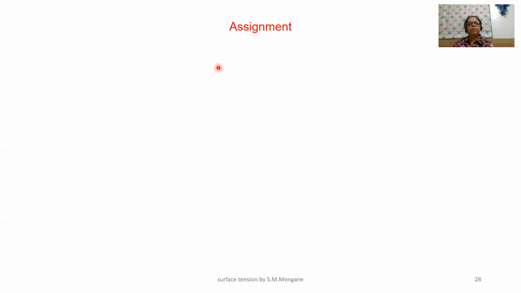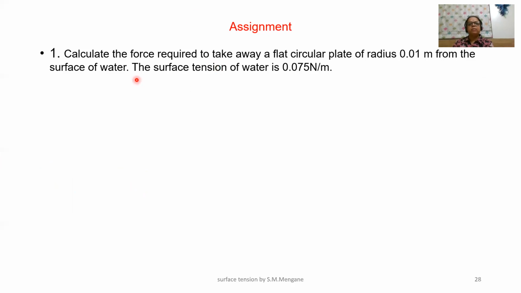Assignments on this topic are: Calculate the force required to take away a flat circular plate of radius 0.01 meter from the surface of water. The surface tension of water is 0.075 Newton per meter. Determine SI and CGS unit of surface tension. We can determine by using the formula or by dimensional analysis also.